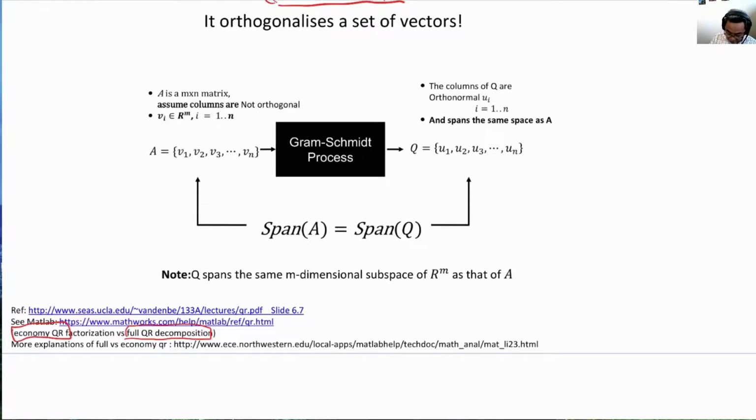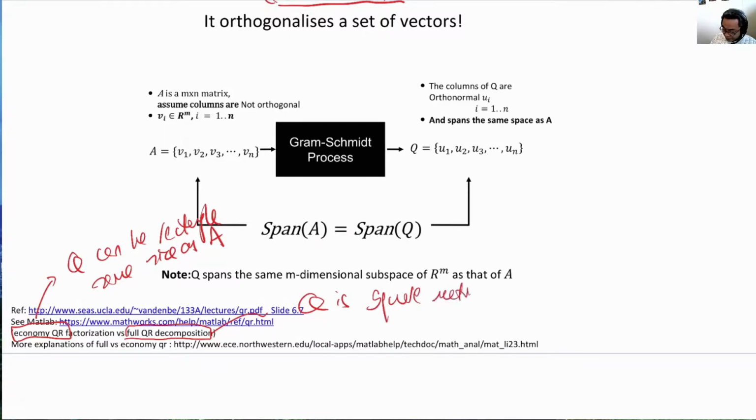Here, I'll briefly state: in the economy version, Q can be rectangular and the same size as A. In the full version, Q is a square matrix; for A of size m by n, it will be a square matrix of m by m.